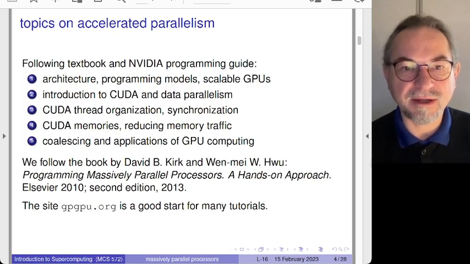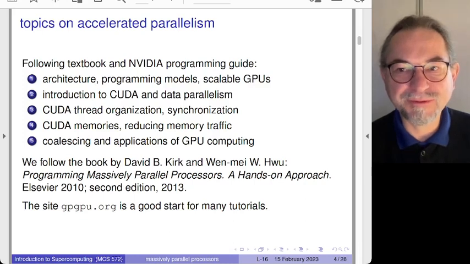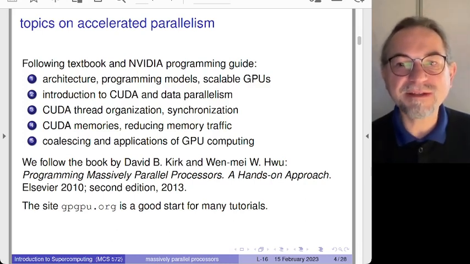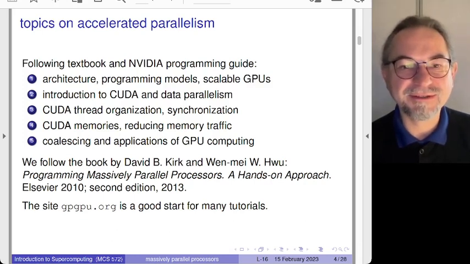data parallel algorithms. So there's a lot of terminology on this slide. So CUDA stands for Compute Unified Device Architecture. The unified is a little bit misleading, although NVIDIA is certainly dominating the market of high-end graphics processing units.